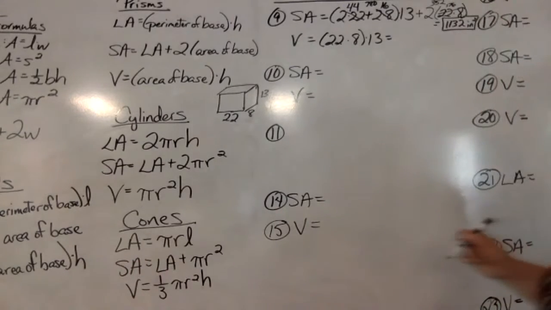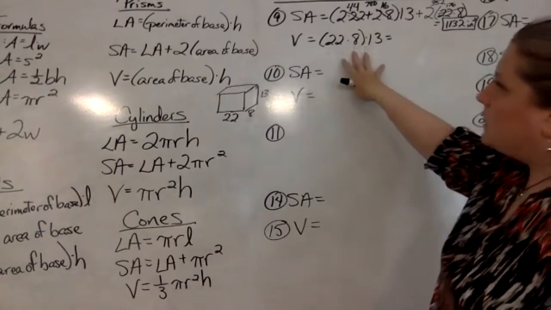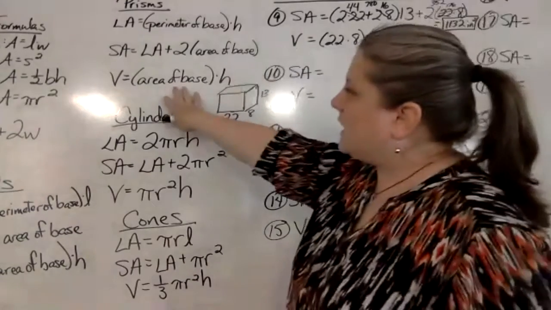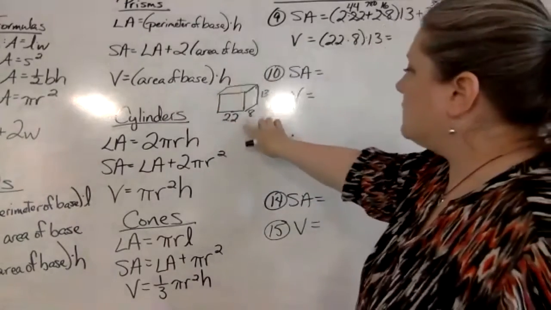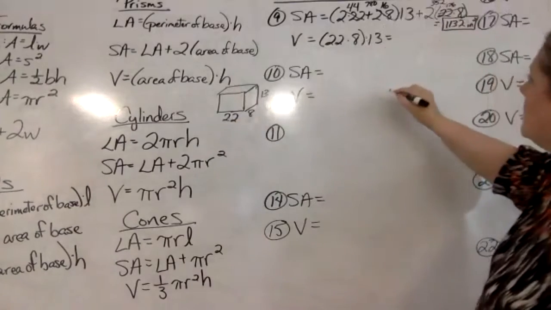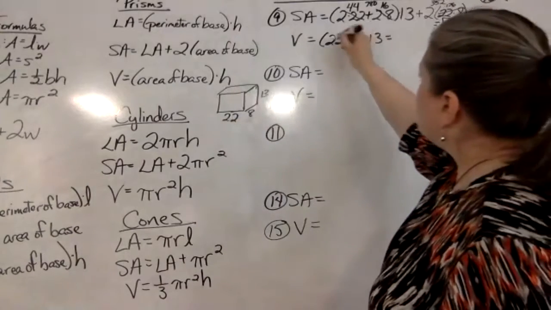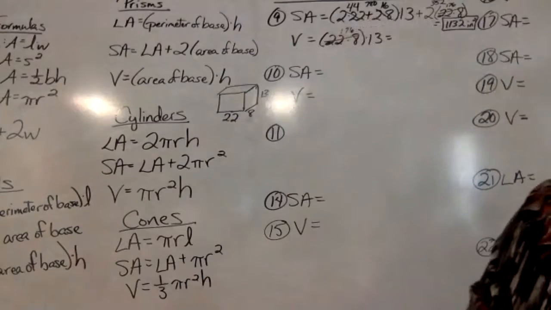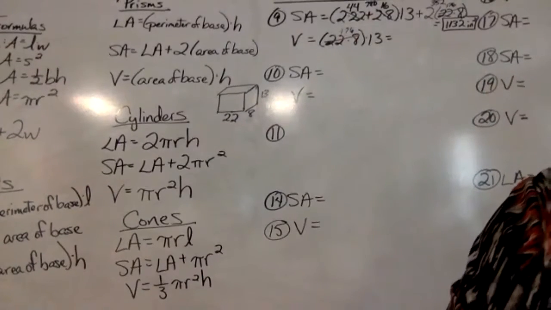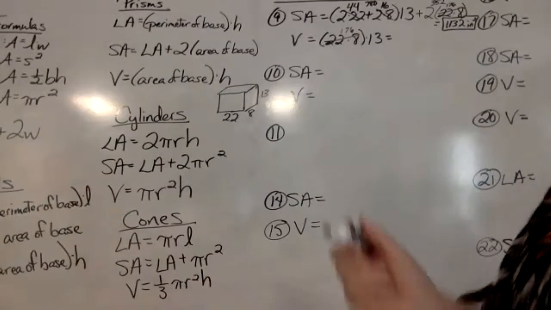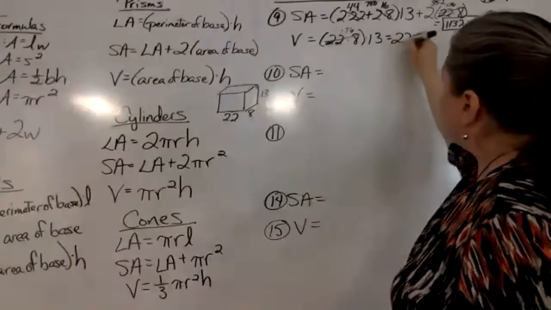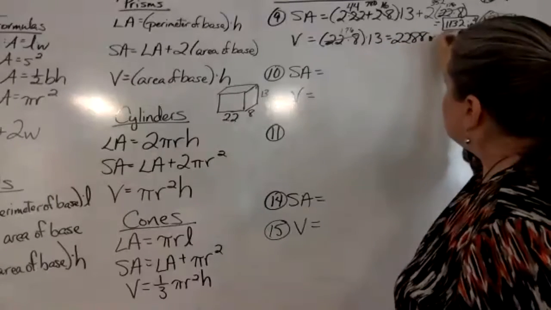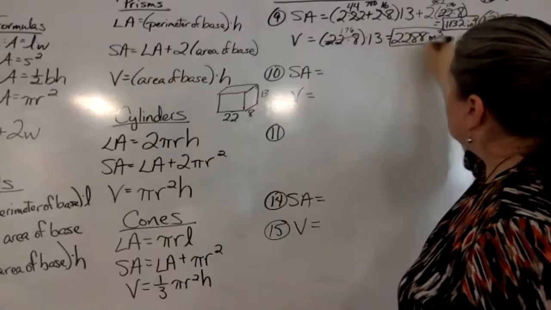So I got 1,132 square inches. Okay, remember to put units on your answers. All right, now for volume, volume was the area of the base, which was just the rectangle, length times width, times the height. So you have 22 times 8, which is 176, and then 176 times 13. I got 2,288 inches cubed.